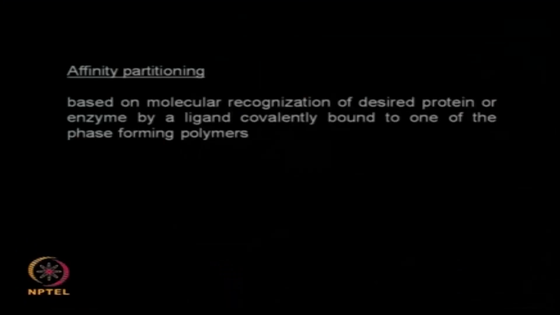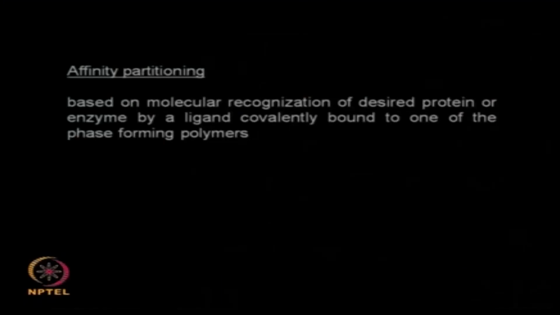That is what is called affinity partitioning. I need to know what the affinity ligand is that selectively binds to the protein, and then I will have that particular ligand present in my solvent. So the protein will selectively bind to the ligand, thereby I can separate it out.